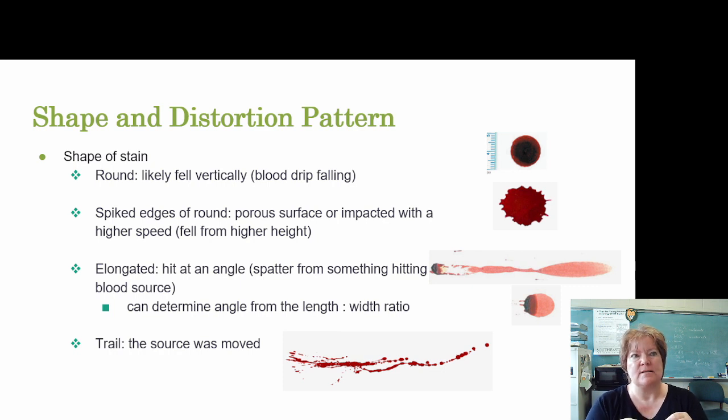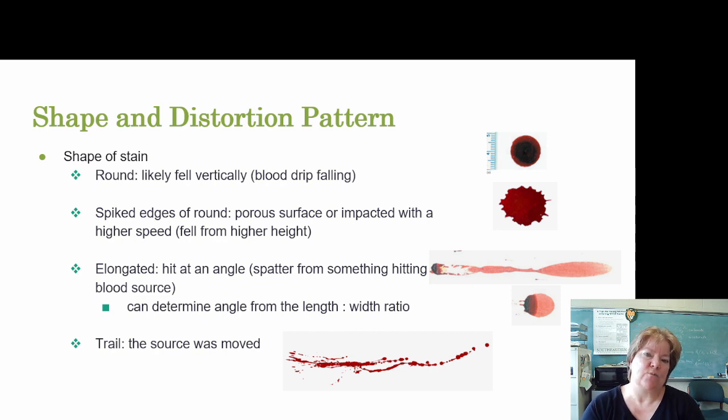And if it's got spiked edges as opposed to a nice perfectly round circle, as you see in this picture over here, that's indicating that either it was at a higher speed and hit the ground really hard, or it's a very porous surface, not a smooth surface like marble, but rather a very rough surface that can absorb it, maybe a carpet, maybe concrete, because if it's not smooth concrete, that can tell us something about the surface type.